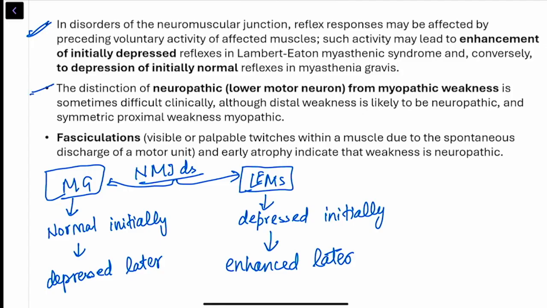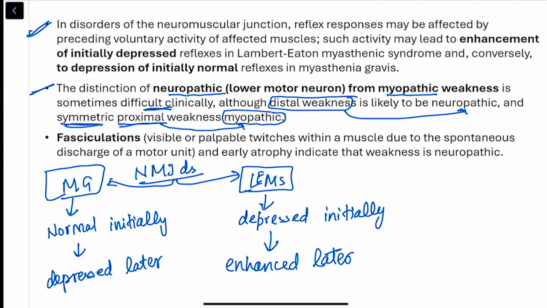Now, the distinction between neuropathy and myopathy is difficult. But if there is distal weakness, it is likely to be neuropathic, and if it is proximal and symmetric weakness, it is myopathic. Important point: fasciculations are present in neuropathy.